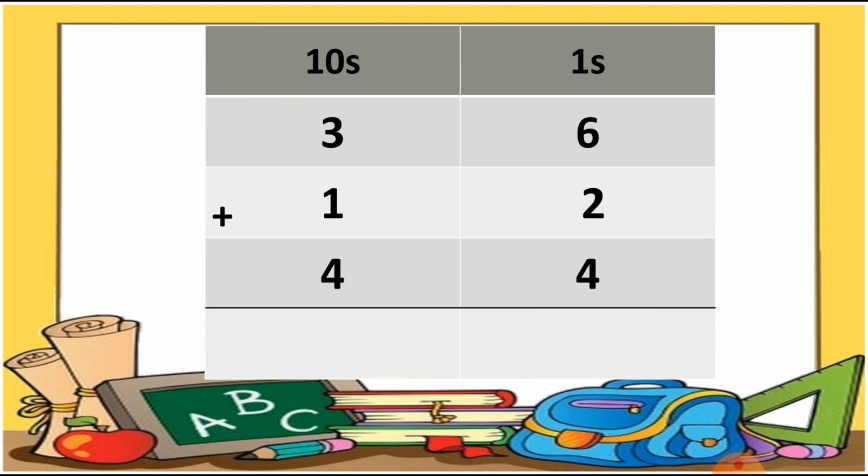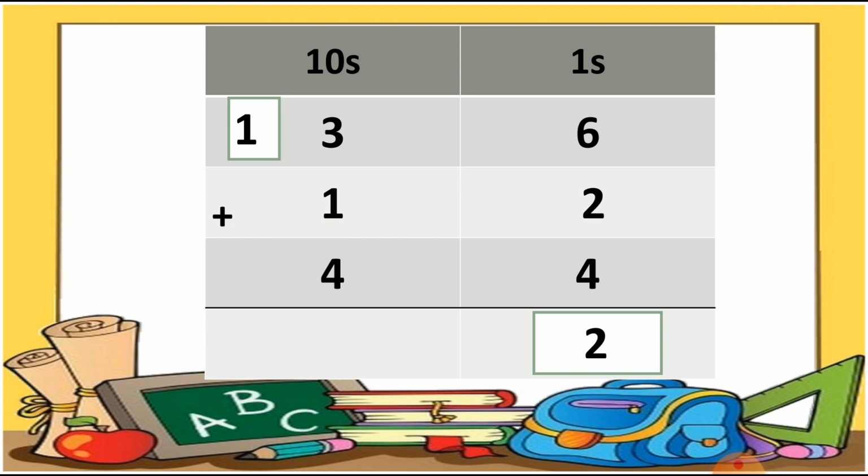Now the next example is, the ones column is 6 plus 2 plus 4. Now the answer is 12. So we can write number 2 under the ones column, and the 1 will move as a carry forwarded number to the tens column.